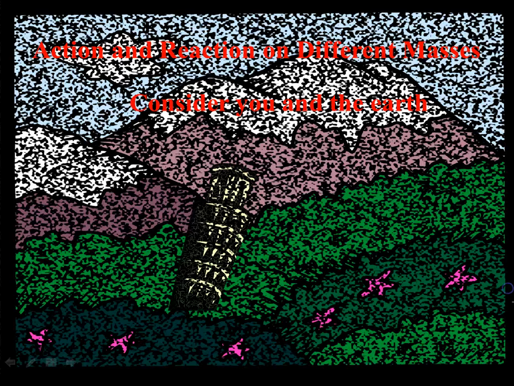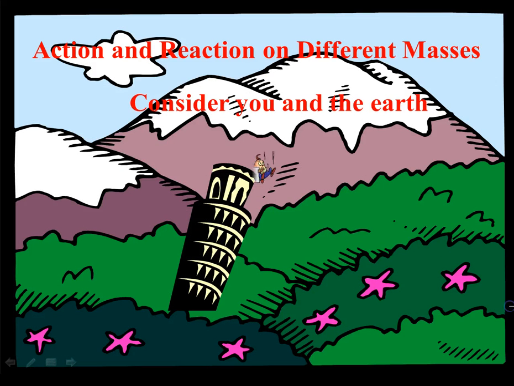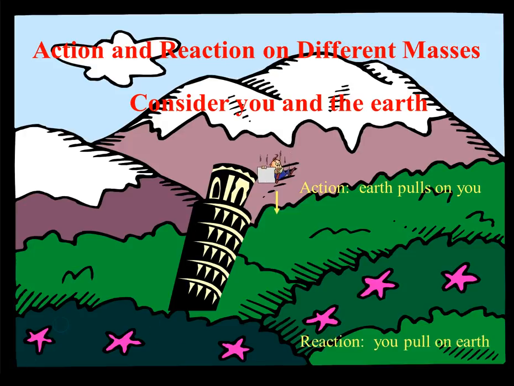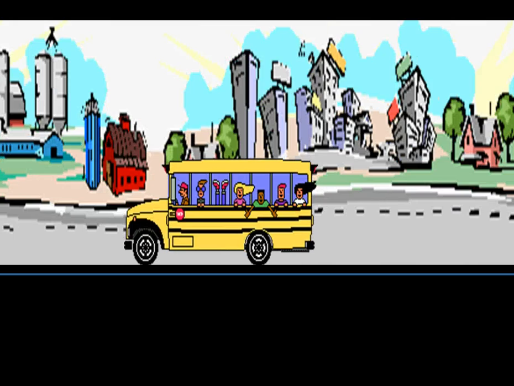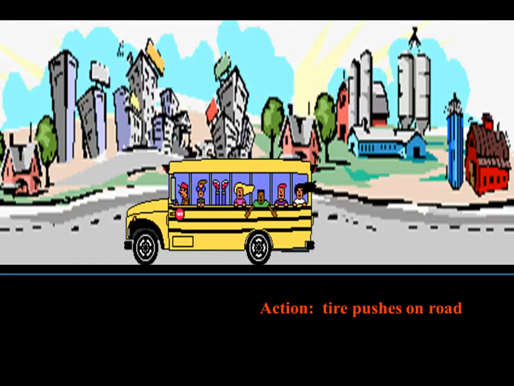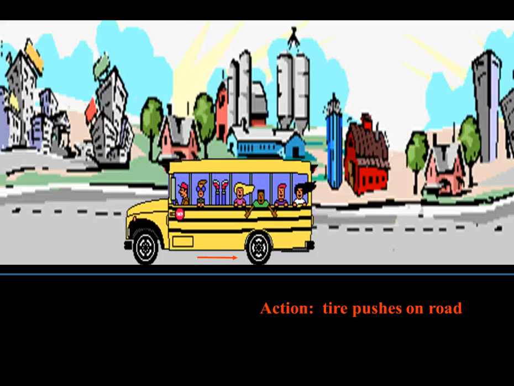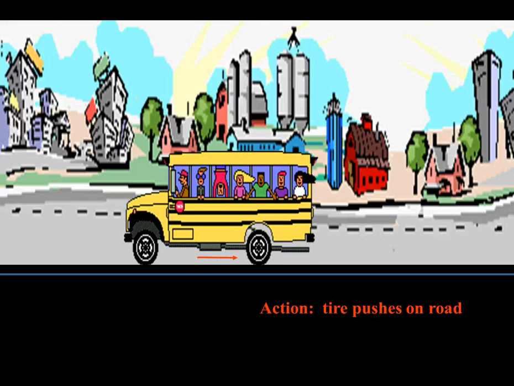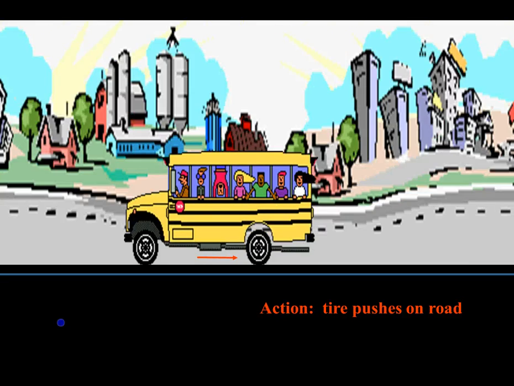Consider you and the Earth. Your action force is that the Earth pulls on you. The reaction force is you pull on the Earth. The action force is that the tires push on the road when the bus is driving.